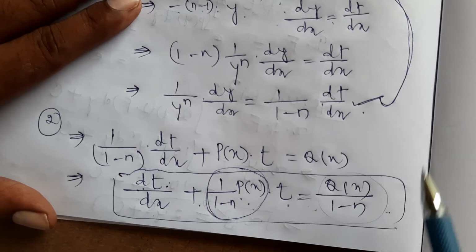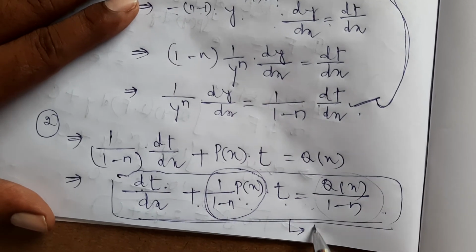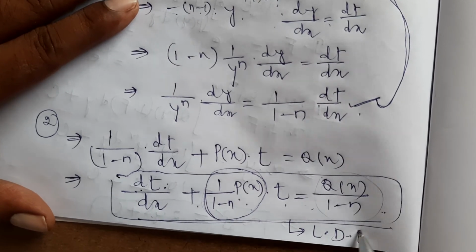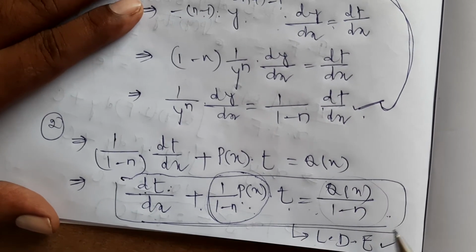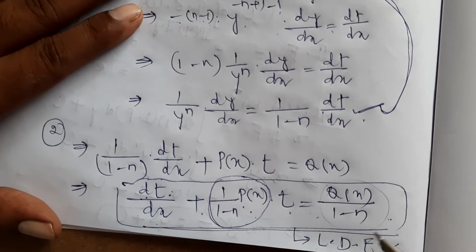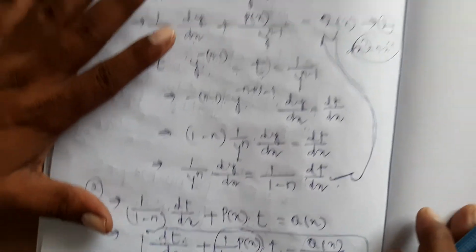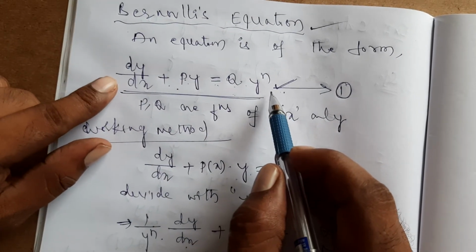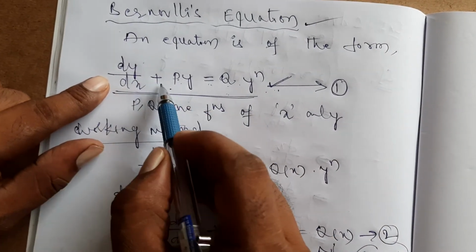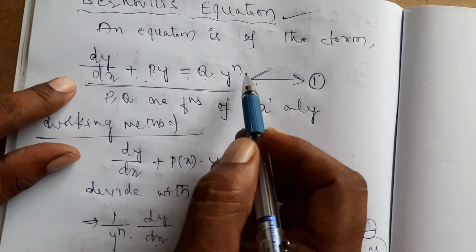So that means by modifying the given equation, it becomes a linear differential equation again. For a linear differential equation, you know how to find the general solution. So this is known as the Bernoulli's differential equation. A Bernoulli's differential equation is in the general form dy by dx plus p of x into y is equal to q of x into y power n.